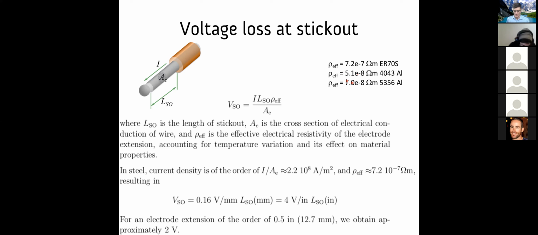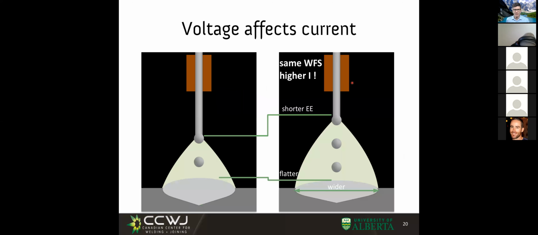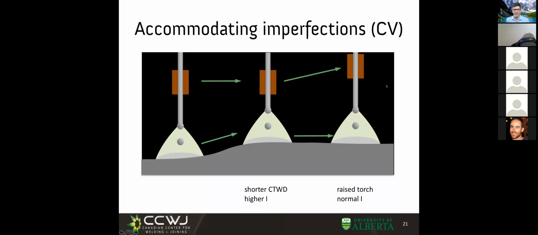Now, look at this. In a technology such as this, I need to measure 2 volts more or less accurately. I think I can, despite the noise of welding. But if you ask me to measure 0.2 volts, that is what happens in aluminum, I cannot really.